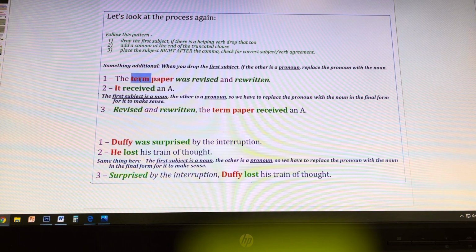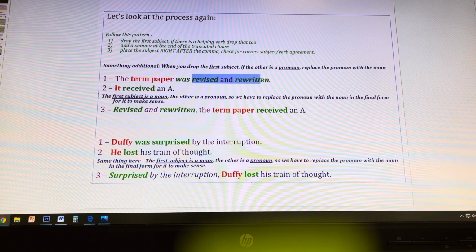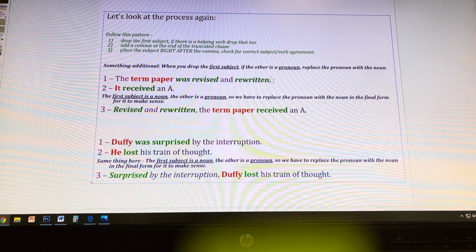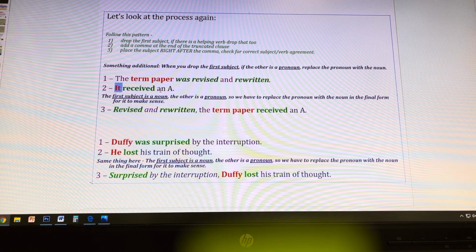So term paper goes down to the second clause. We don't need the was. We begin with the past participle modifier, and we have a past tense verb, another past tense verb, which is fine. Revised and rewritten, we throw in the comma. The term paper received an A, period.